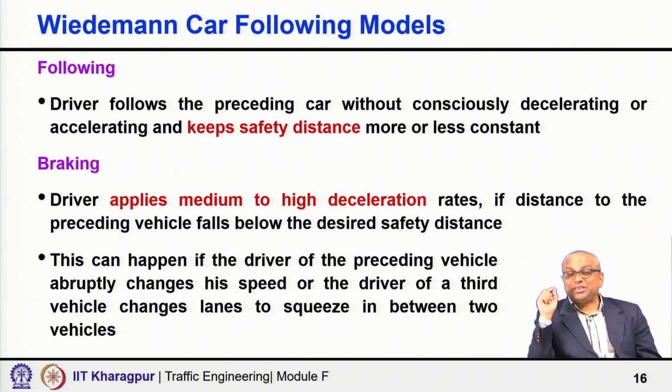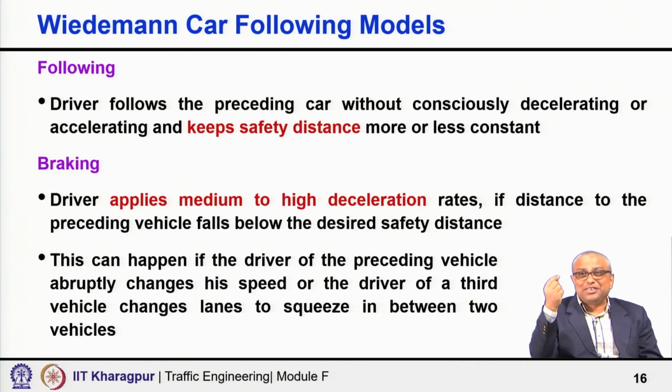Again, it cannot be just a fixed value, because drivers may not be able to judge every precise point, right. A small change in the speed, a small change in the spacing or space sideways even may not be recognized. So, we are saying that the driver follows the preceding car without consciously accelerating or decelerating and keeps the safety distance more or less constant.